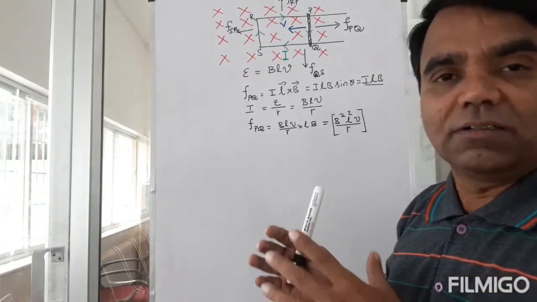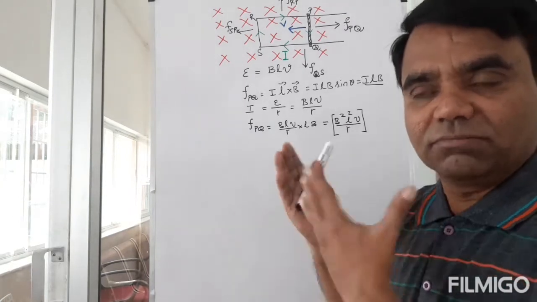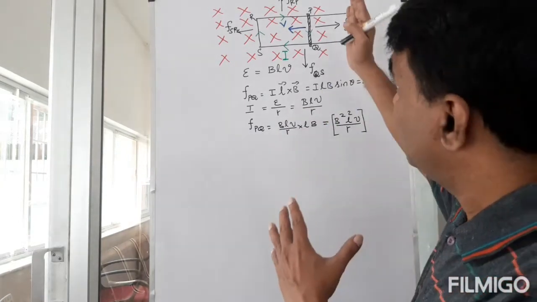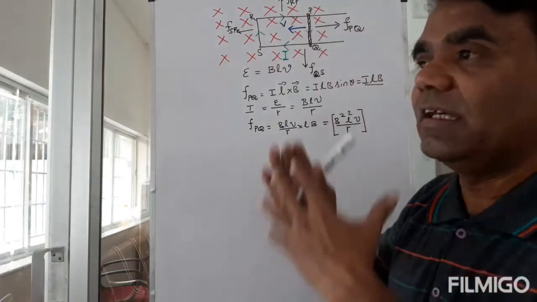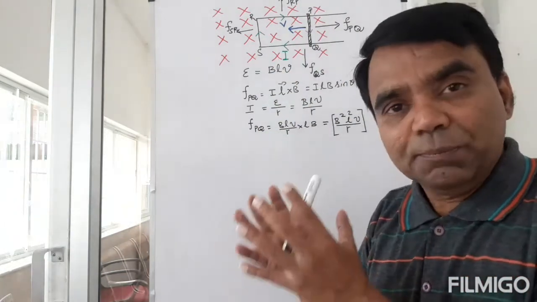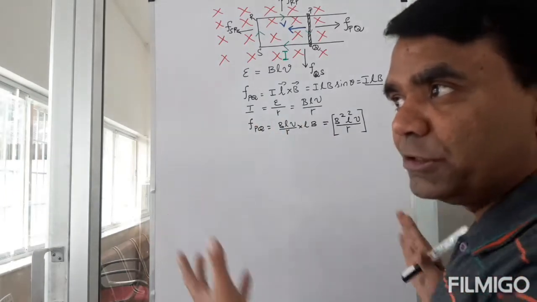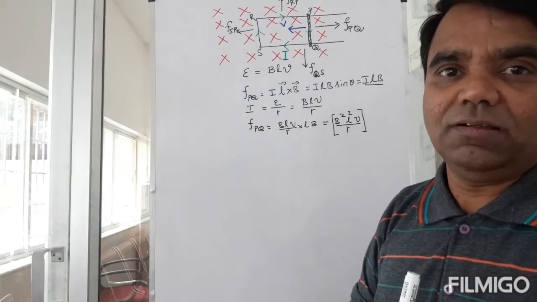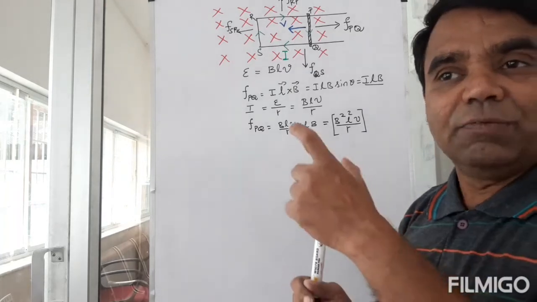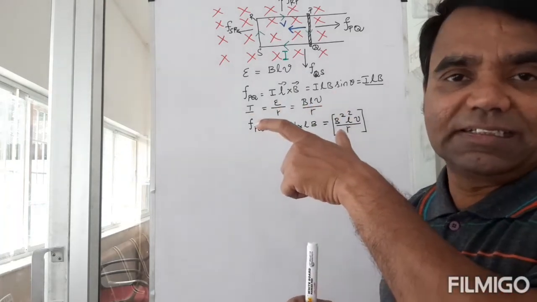I squared R is power, and then t is time. If you multiply the time for which it was moving, then you get the energy, and that energy must be equal to the energy with which you came in.